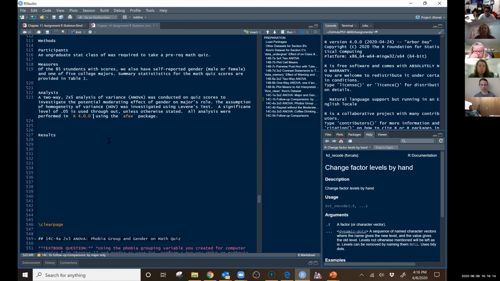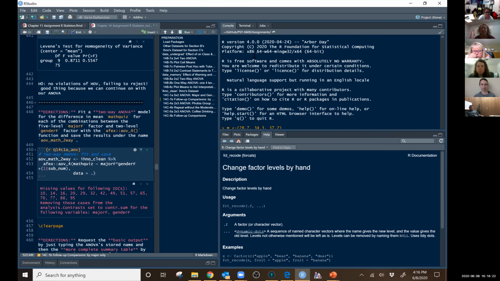Have I shown you guys how to get the citations for R and any package? Have you ever noticed at the top of R when you start it the first time? It says right here, R is a collaborative project with many contributors. Type contributors for more information and citation on how to cite R or R packages.